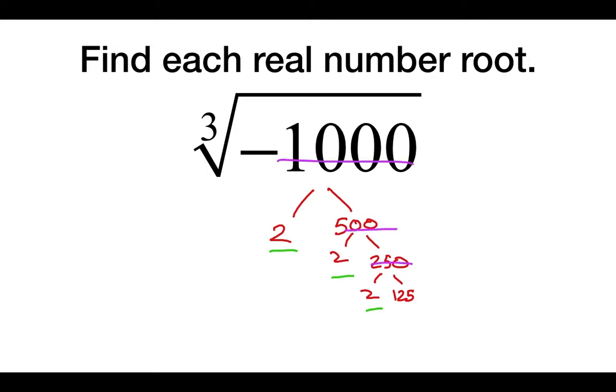Now, let's talk about 125. 125 is 5 and 25, which is 5 and 5. And, oh, what's that? We have a trio there as well. Well, now that we have two trios, we can actually say that both of those end up pulling out, which means we would have an answer of negative, because it was negative, and then 2 times 5 is 10.